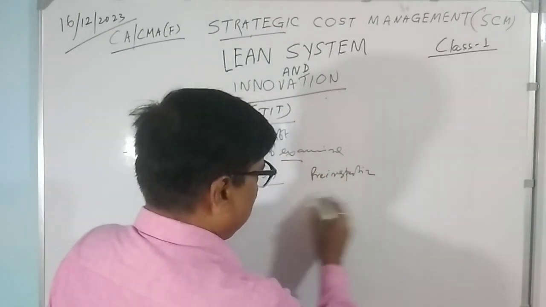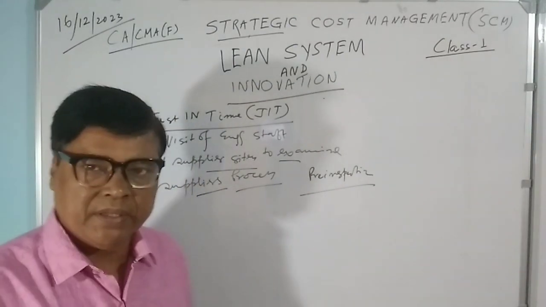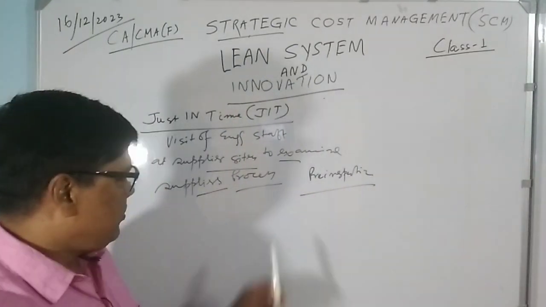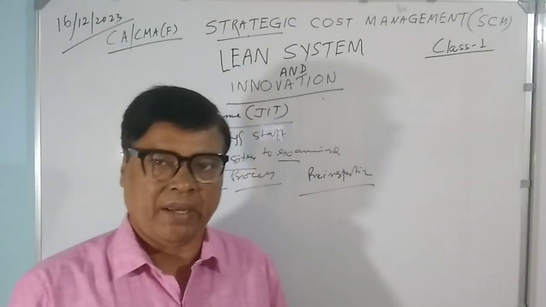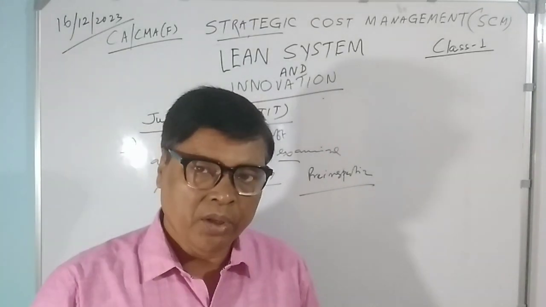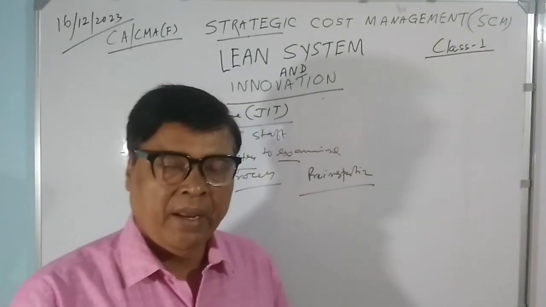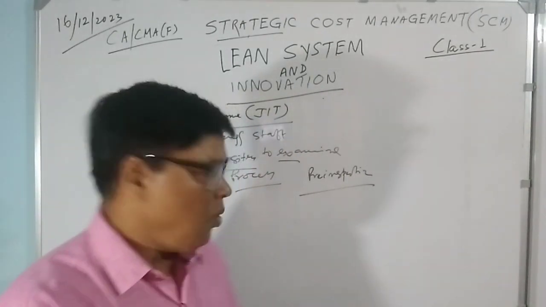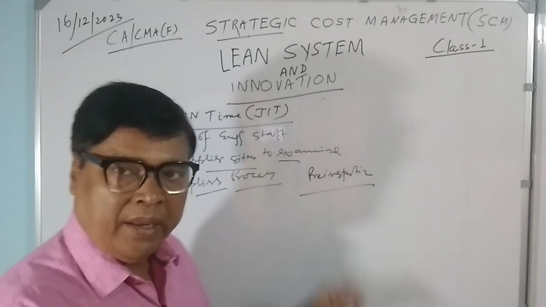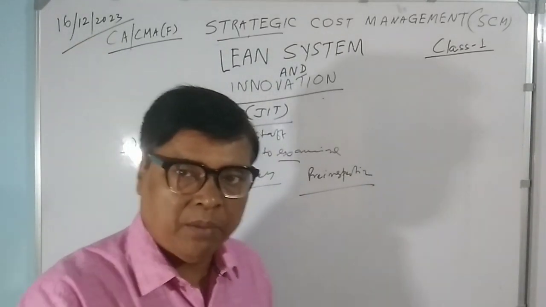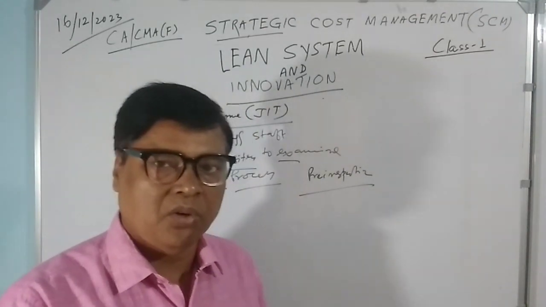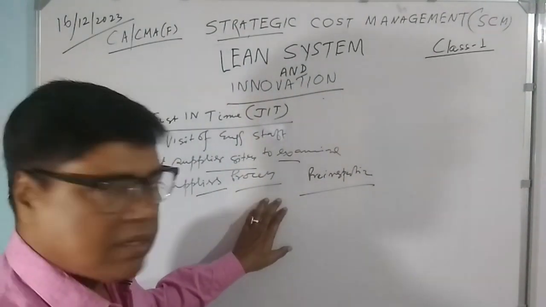Inspection has to be done at the supplier's premises. Otherwise, what will happen? Whatever is produced by the suppliers will come to you, the buyer. If some defects arise, once again you have to return, and they will replace all the defective products. In that situation, what will happen? Your lag or time lag will be there.